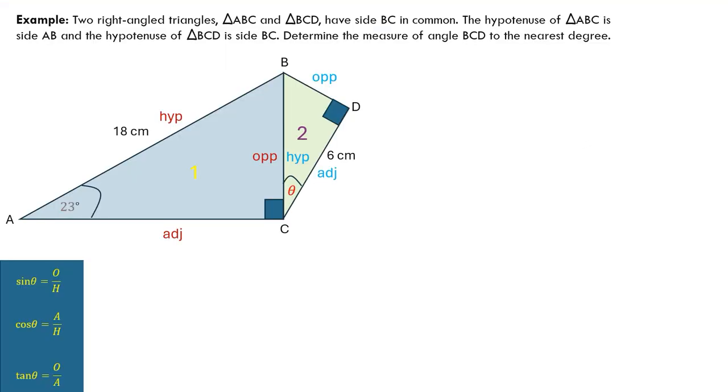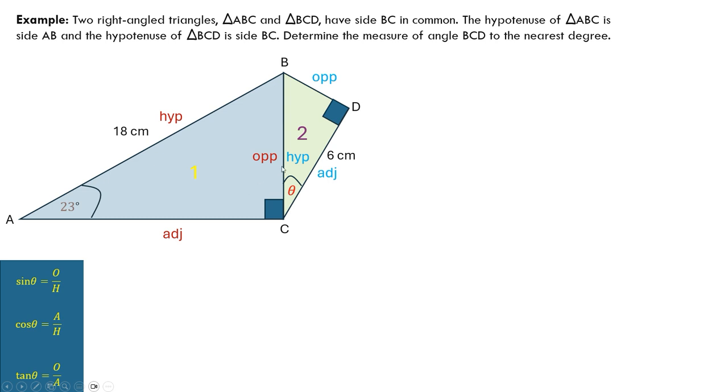Here, we're asked to find out this angle C from triangle 2. But if you look at triangle 2, you'll see that we only know one side. And knowing one side is not enough information for us to solve for the angle C. However, this side right here, BC, is common to this triangle.